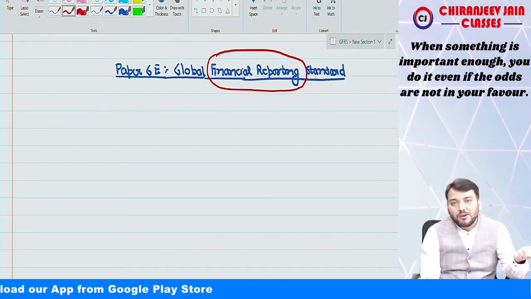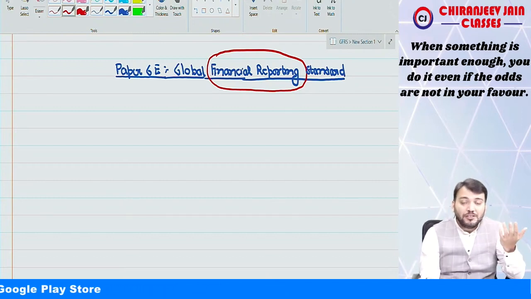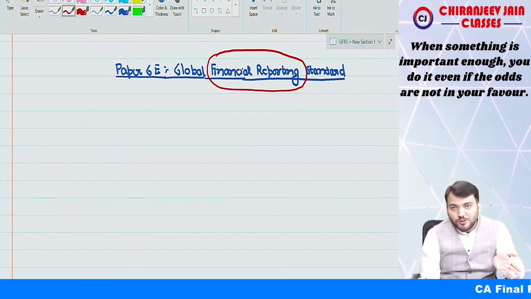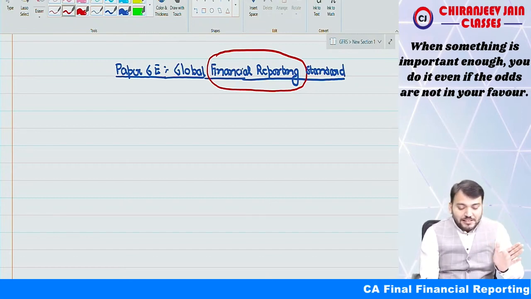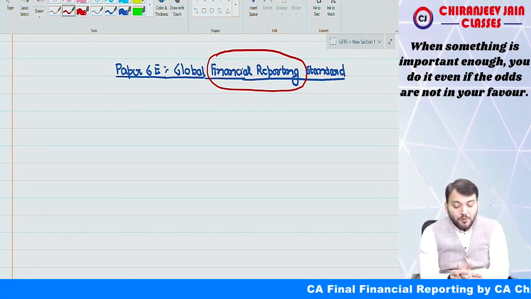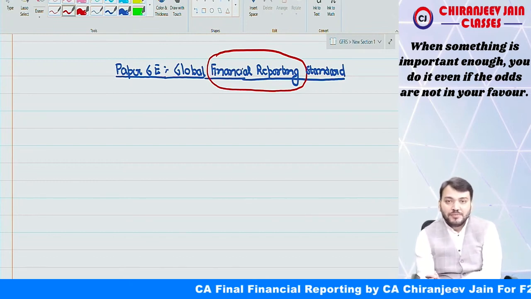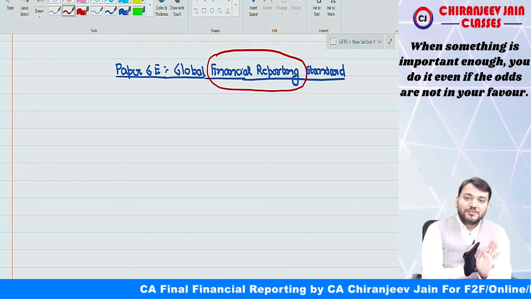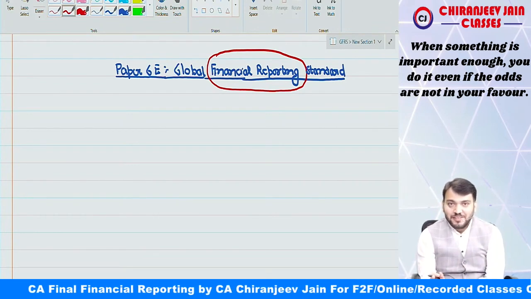Already you have done the coaching of financial reporting. You might have also written the exam for group 1, or you might be writing both groups together. One thing is clear: before learning this subject you should have knowledge of paper 1 Financial Reporting.